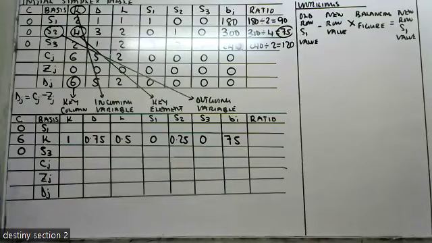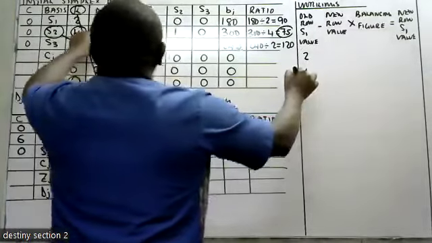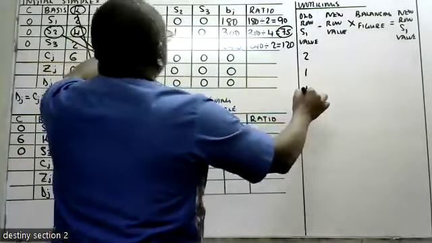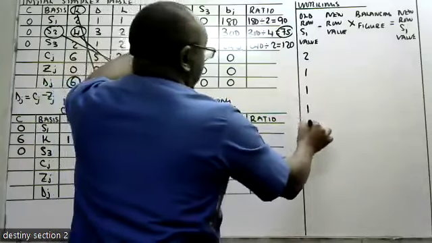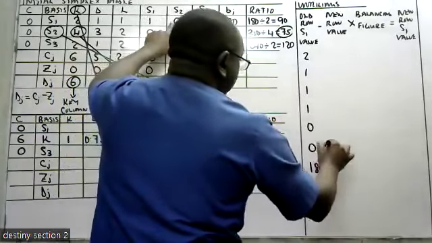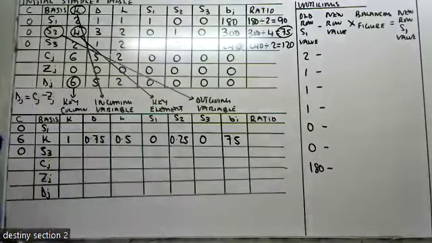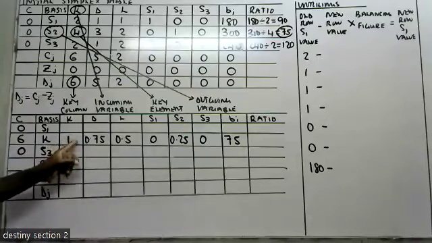So what I do is this. You come to the old row, this S1 here. You record those values. So there is 2, there is 1, there is another 1, there is another 1, there is a 0, there is a 0, and there is 180. Then I say minus the new row value. The new row is in the new table, this one.